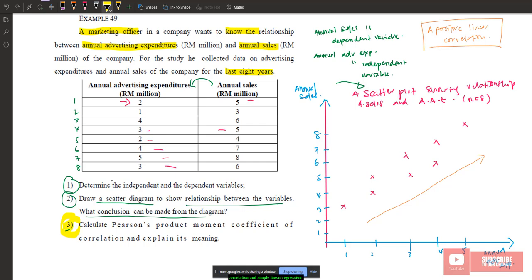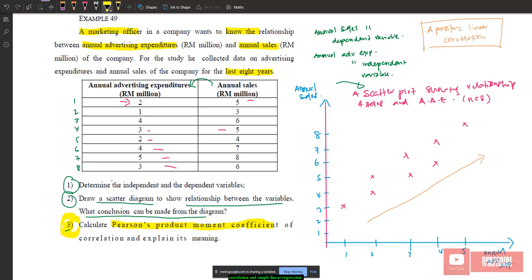We already constructed a scatter diagram, and we know from the scatter diagram that it has a positive linear correlation, right? So of course, when we calculate the Pearson product moment coefficient, it should lead to the same result. It should conclude positive correlation.